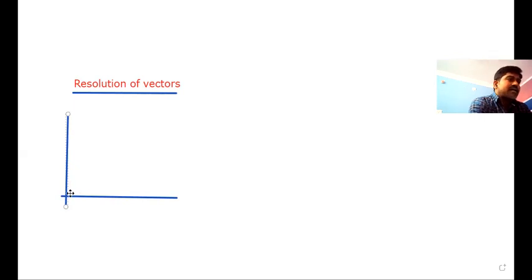You can imagine a vector quantity in this particular direction, represented with an arrow mark. Let me consider this vector name is a bar.